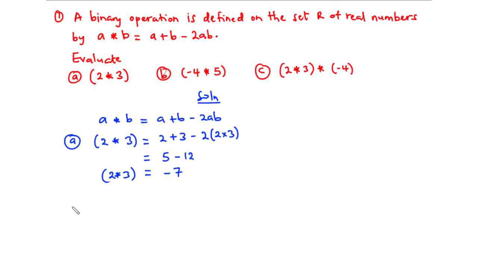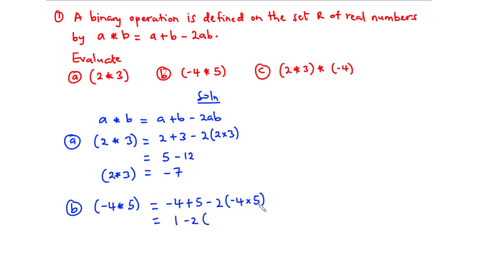So for B, negative 4 star 5. A is negative 4, B is 5. Negative 4 plus 5 is 1.